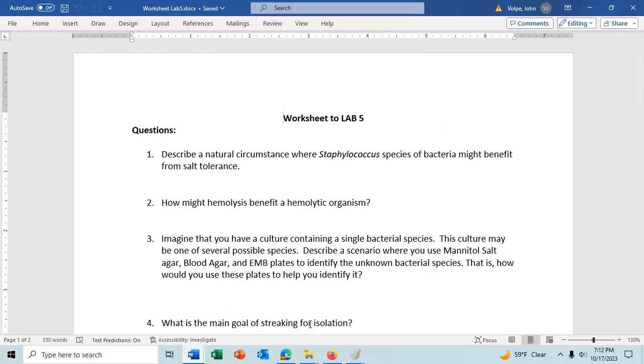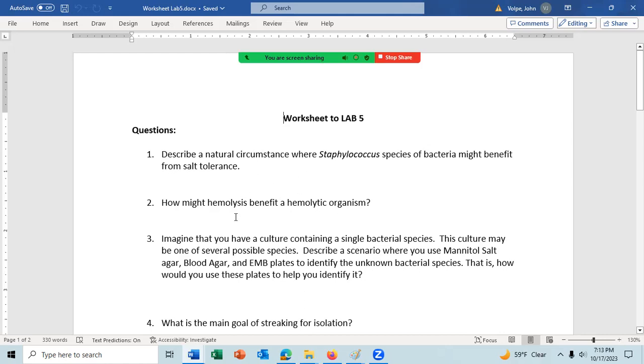You need to discuss someplace where naturally Staphylococcus aureus can grow in a lot of salt. And don't say in like a mannitol salt agar plate, because that's not a natural circumstance where staphylococcal species can grow. So say someplace on the planet Earth, I guess.